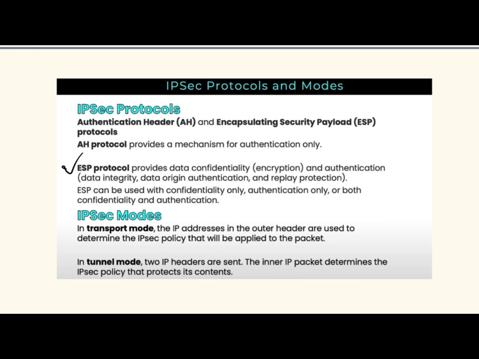What it can do: just encrypt the data, just authenticate the data, or do both at the same time. So it is an extra protection, including integrity, source verification, and replay protection, right? So it can do both encryption and authentication.